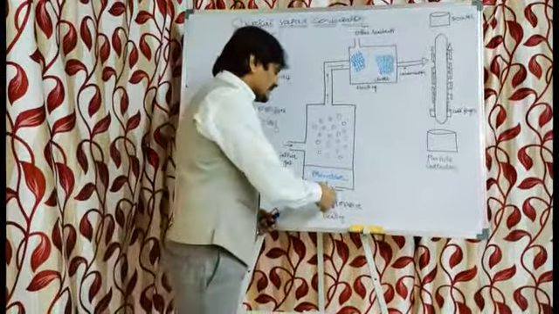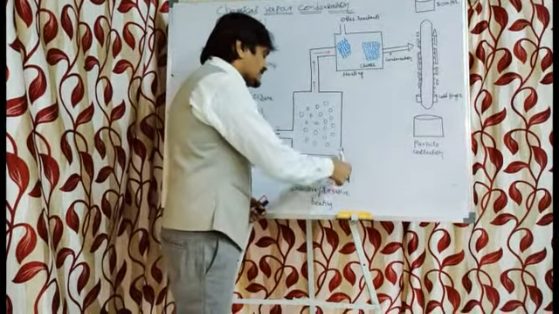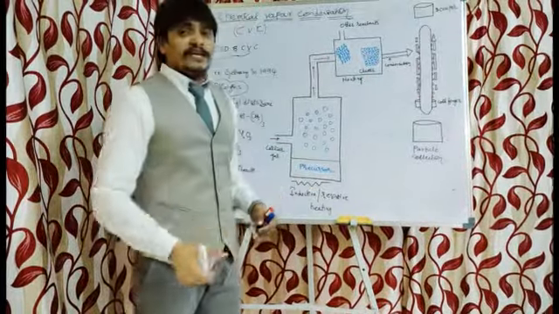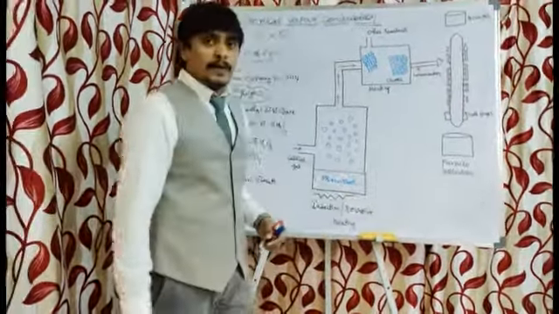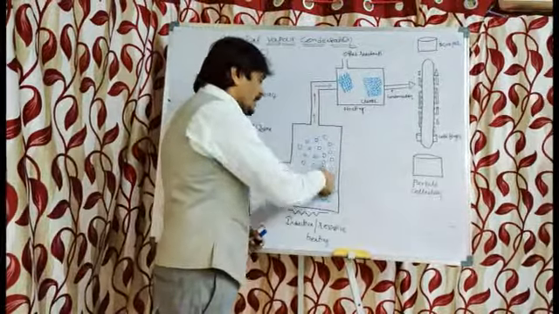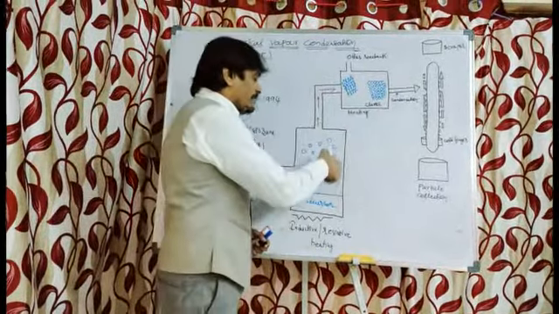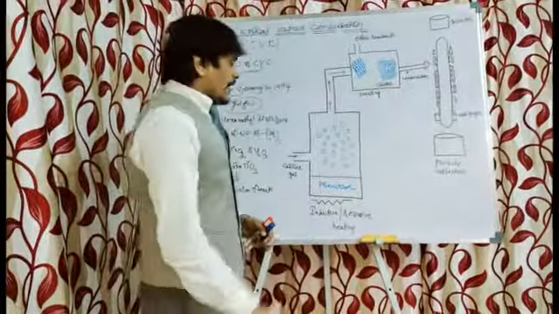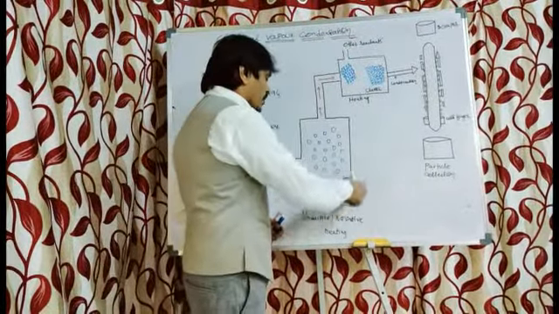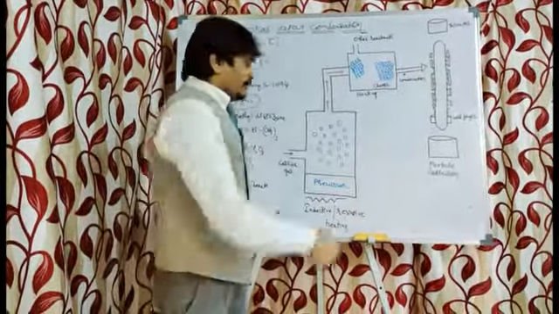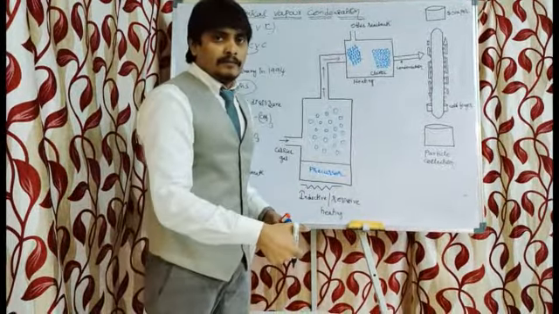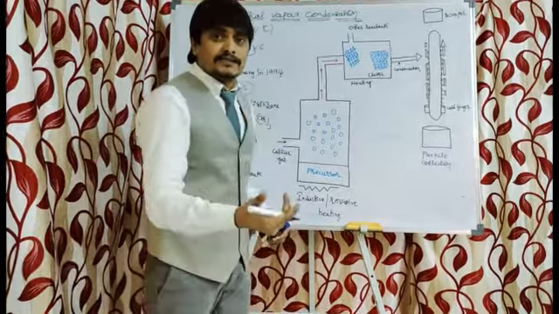So this is the inductive heating and resistive heating. So with the help of either inductive heating or resistive heating, we can heat the precursor, which is usually the organometallic compound, in this particular method. Now, under the influence of the inductive heating or resistive heating, the precursor, which is organometallic compound, will vaporize.